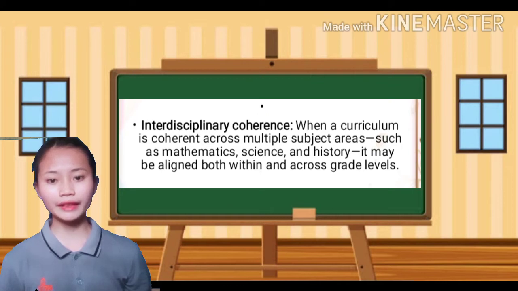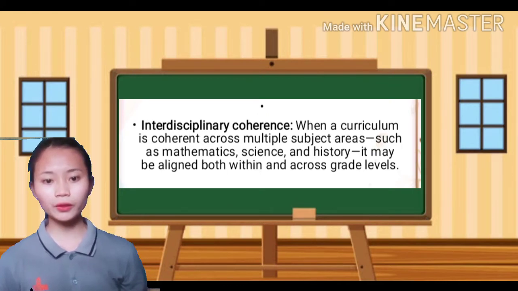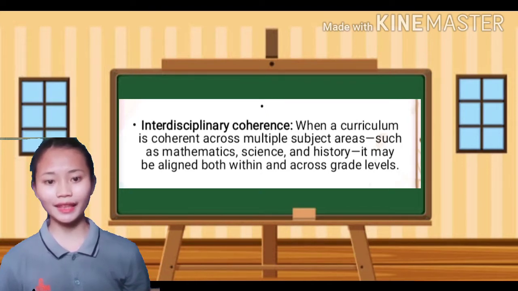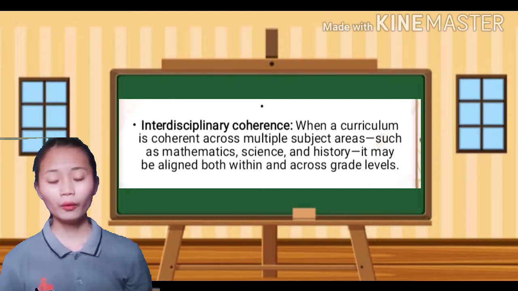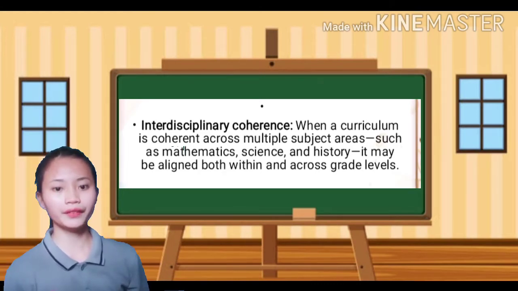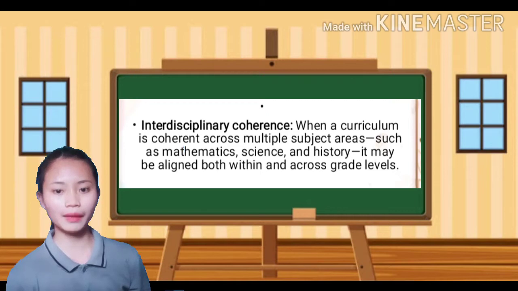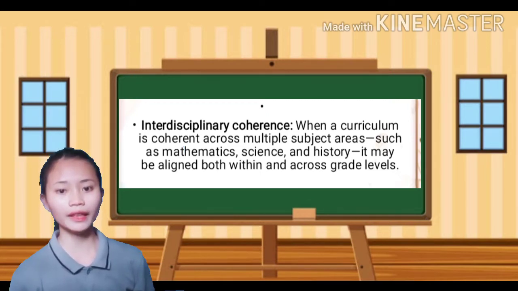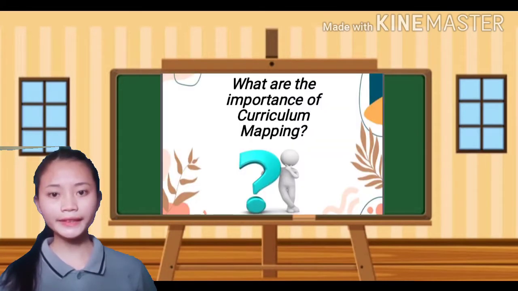Curriculum mapping for interdisciplinary coherence may focus on skills and work habits that students need to succeed in any academic course or discipline, such as reading skills, writing skills, technology skills, and critical thinking skills. Improving interdisciplinary coherence across a curriculum, for example, might entail teaching students reading and writing skills in all academic courses, not just English courses. Now, let us talk about the importance of curriculum mapping.